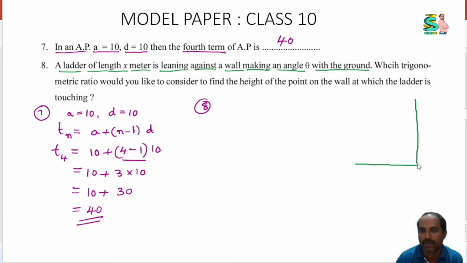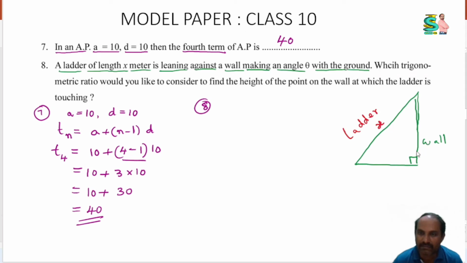Now this one is a wall, at 90 degrees. Now the ladder is always in a slope position. Now this one is the ladder. This length is x meters, already given.